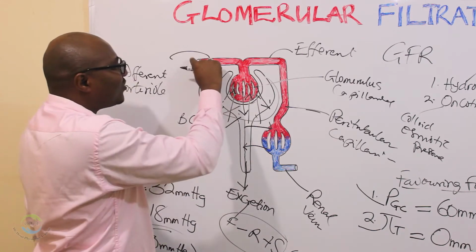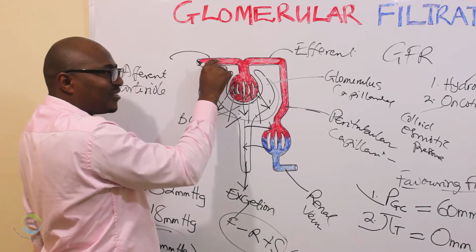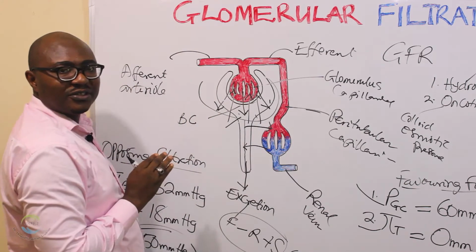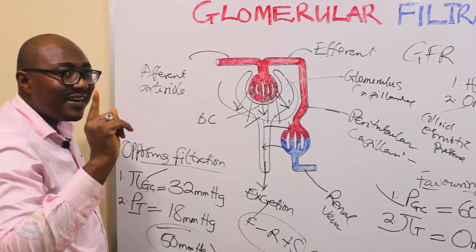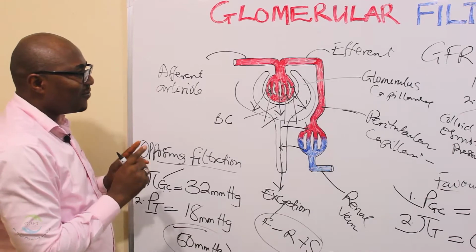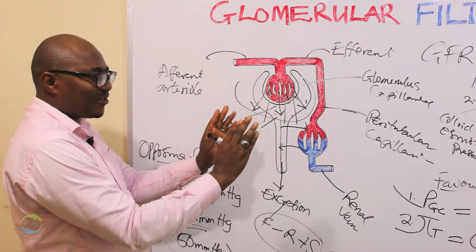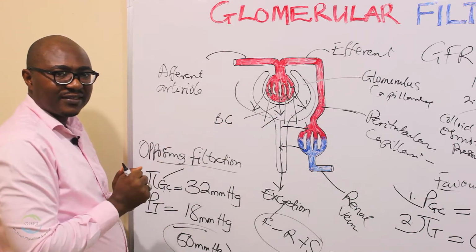Okay? But this one, because it's supplying this, if the blood flow is reduced, if it's constricted, it will reduce glomerular filtration rate. So you see that they play different roles. And that's why, lest I forget, in lecture 3, we mentioned angiotensin 2, that it constricts blood vessels, but more of the efferent.